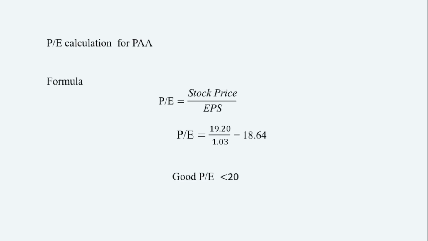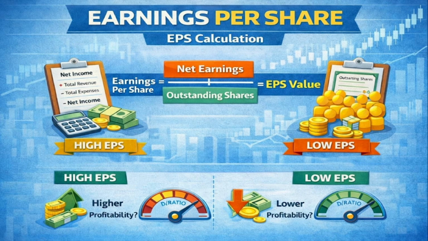So let's take an example of calculation from real values, which we were discussing about PAA. The formula is stock price divided by EPS. The stock price was $19.20 and earnings per share was $1.03. So the PE ratio is 18.64.